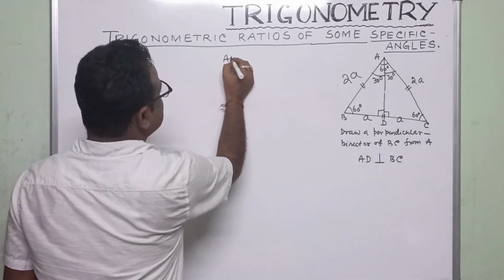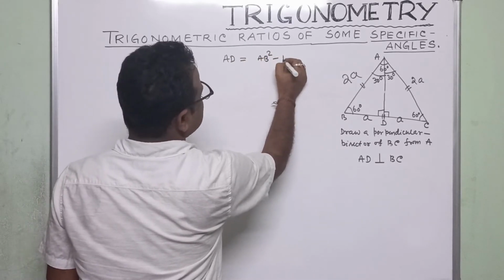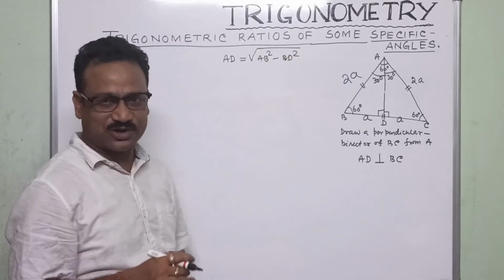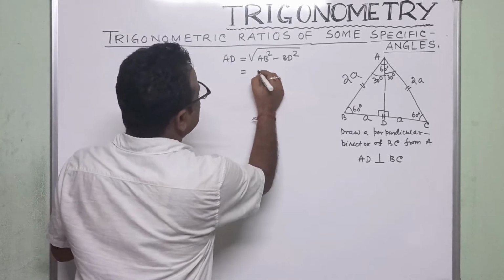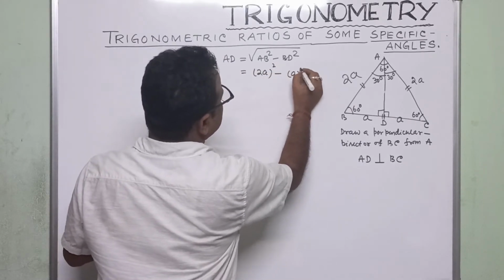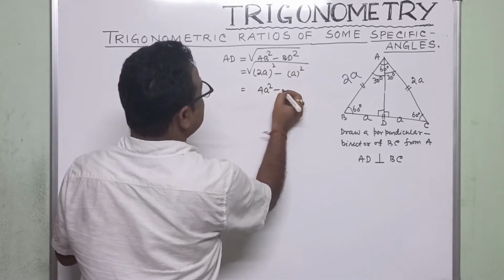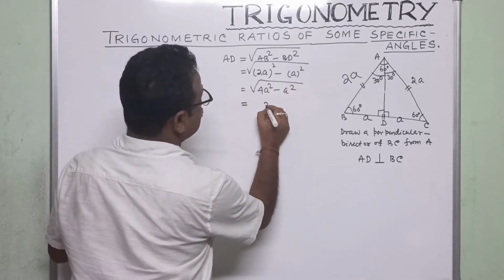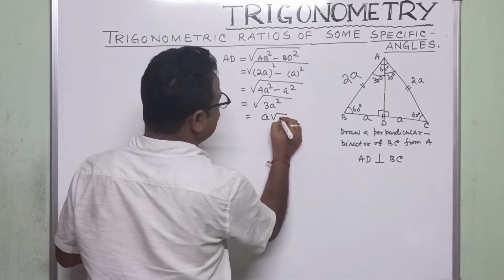So AD is equal to how much? AB square minus BD square, root over, according to Pythagoras theorem. So AB is 2A, 2A square minus A square, root over, is equal to 4A square minus A square, root over, is equal to 3A square, root over, is equal to A root 3.